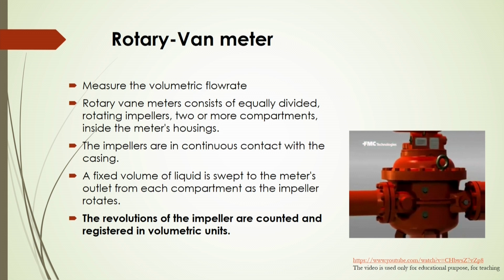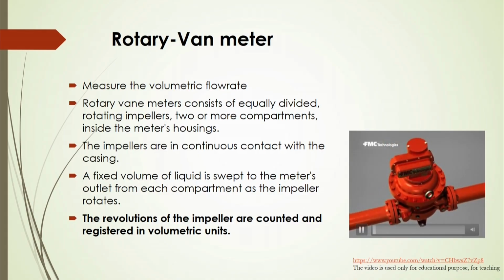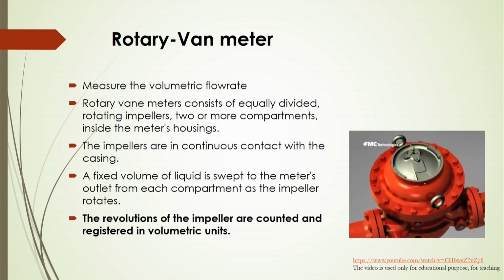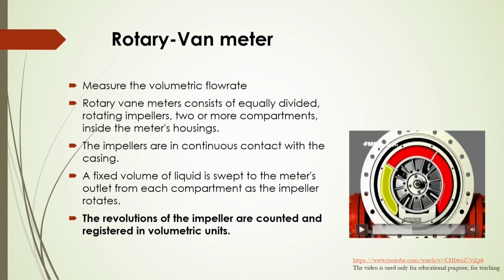So, based on the revolutions of the impeller, how much volumetric amount of fluid is passing can be calculated with this rotary vane meter. Here, see how this rotary vane meter works in this video. These are the structure of this rotary vane meter, with some impellers placed here.